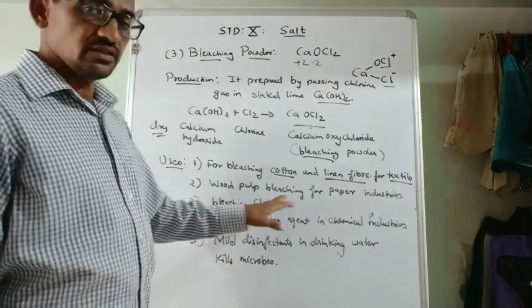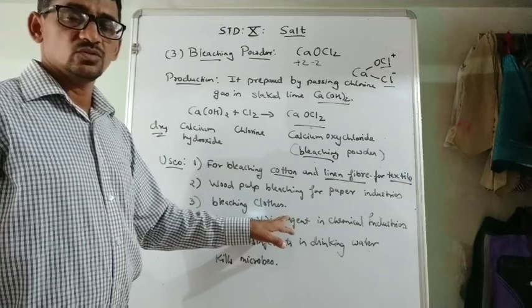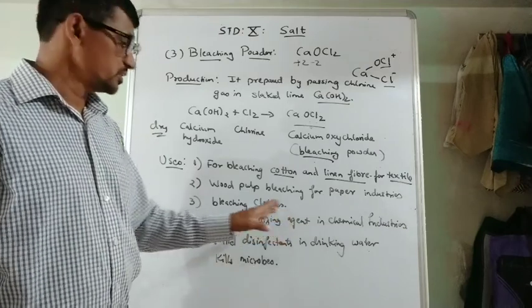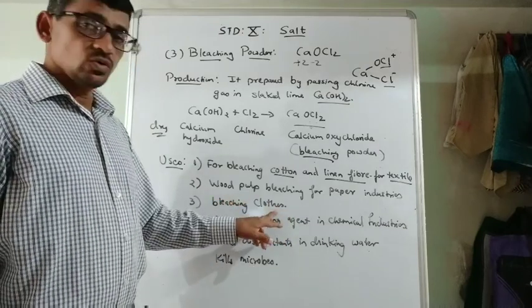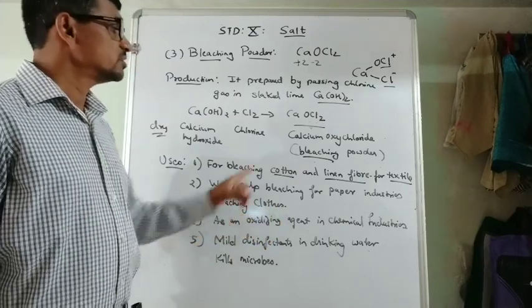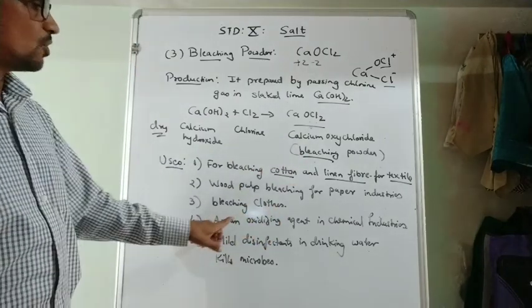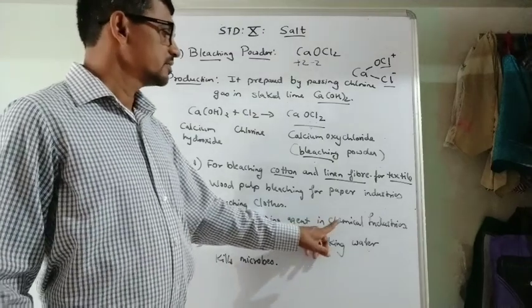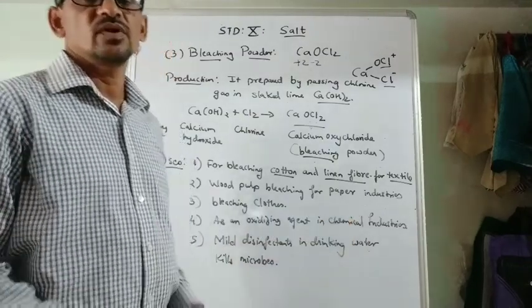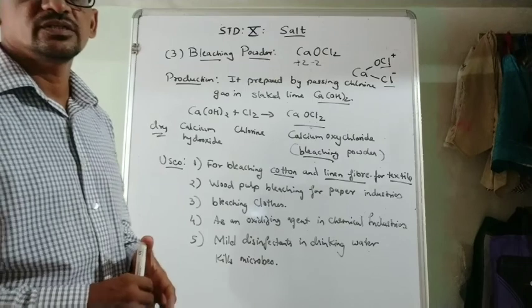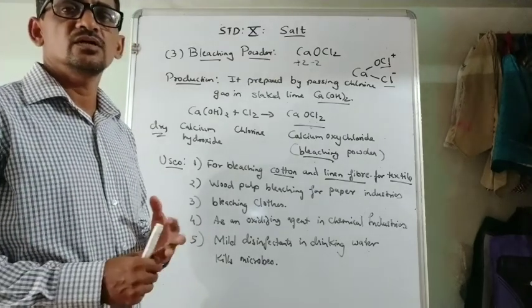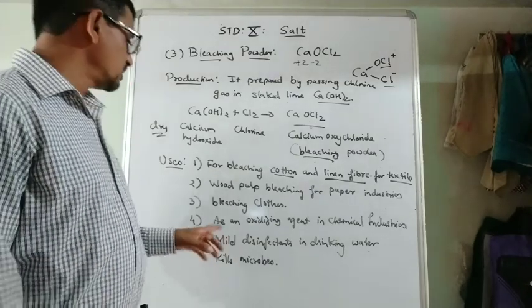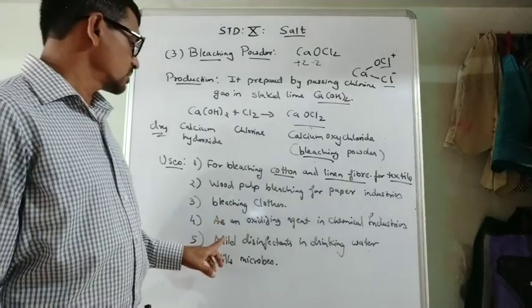For bleaching saris, Surat is famous for its textile industry, so that sari cloth is first bleached with bleaching powder. It is also used as an oxidizing agent in the chemical industry, where mild oxidation takes place for different metals and nonmetals.